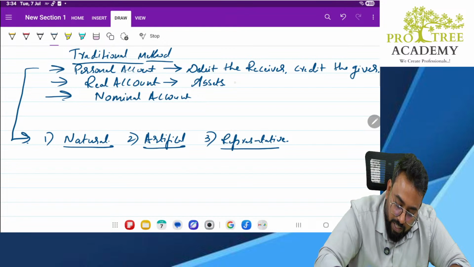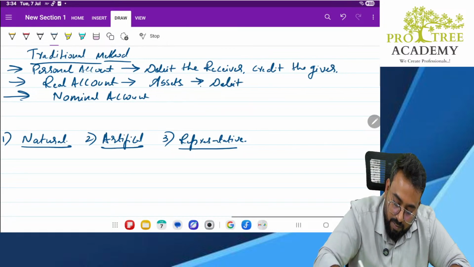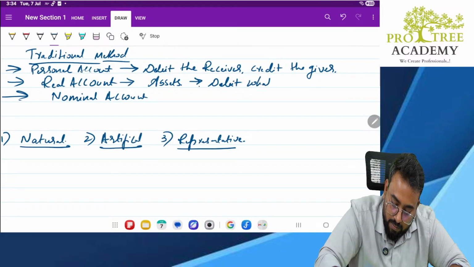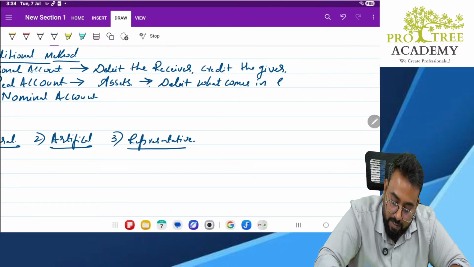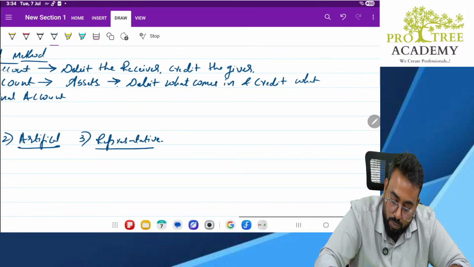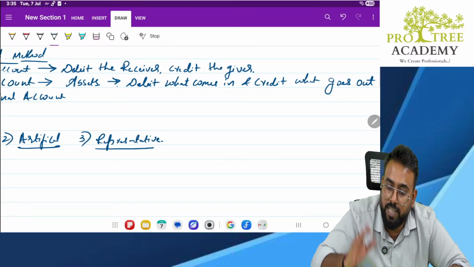Now, what is the rule here? Debit what comes in and credit what goes out. Correct? Yes, this is the second rule.